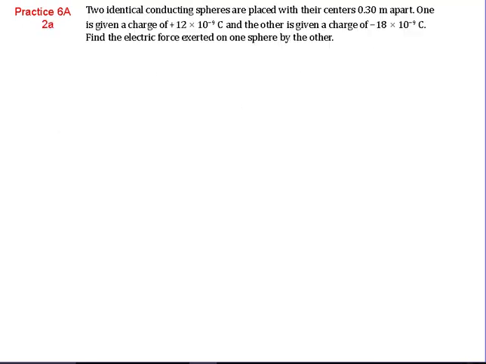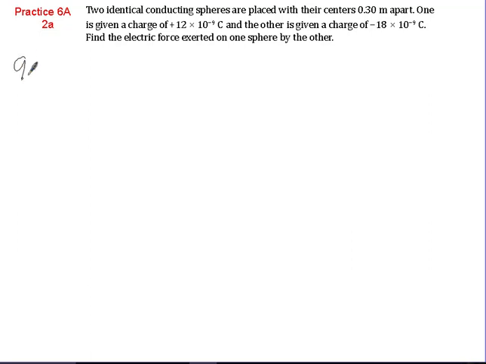Okay, let's pass to another. Now the third one is the second question, 2A. It has two parts, A and B. Two identical conducting spheres, identical meaning the same size, are placed 0.3 meters apart, one with charge 12 × 10 to the minus 9, and the second minus 18 × 10 to the minus 9.